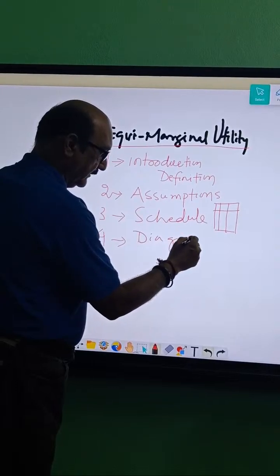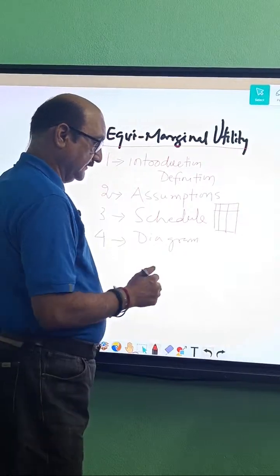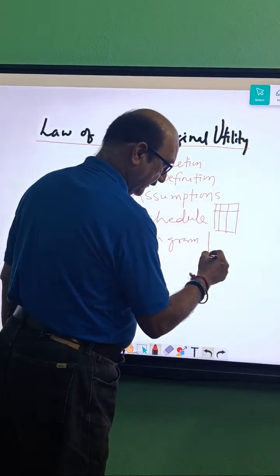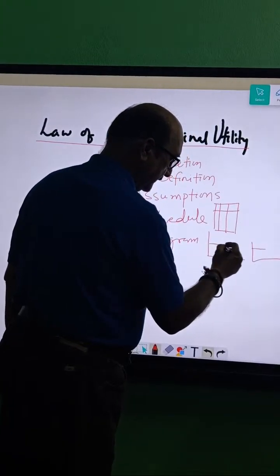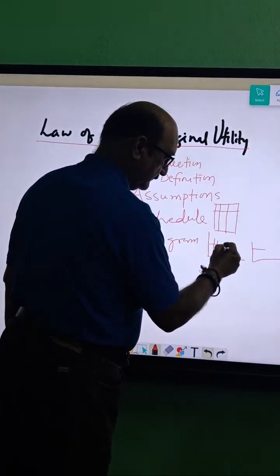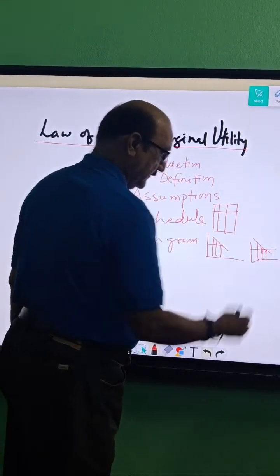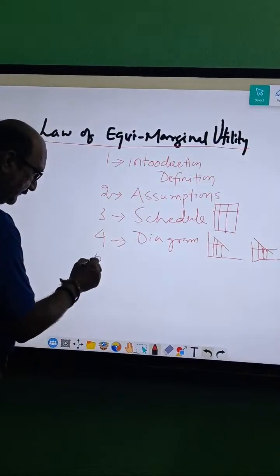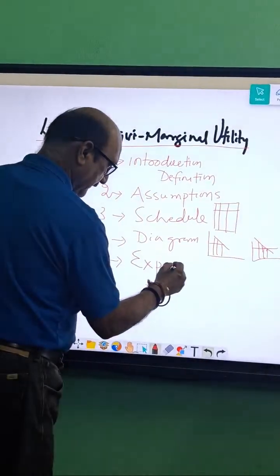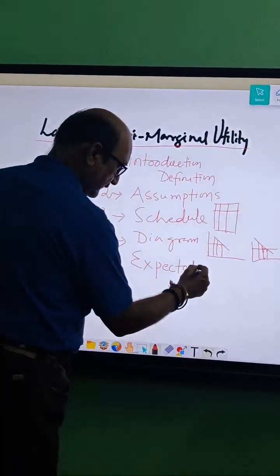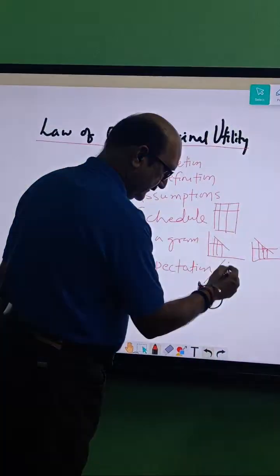You have to provide a graphical presentation, one or two diagrams. Then the fifth point is exceptions of the law, or limitations also we can say.